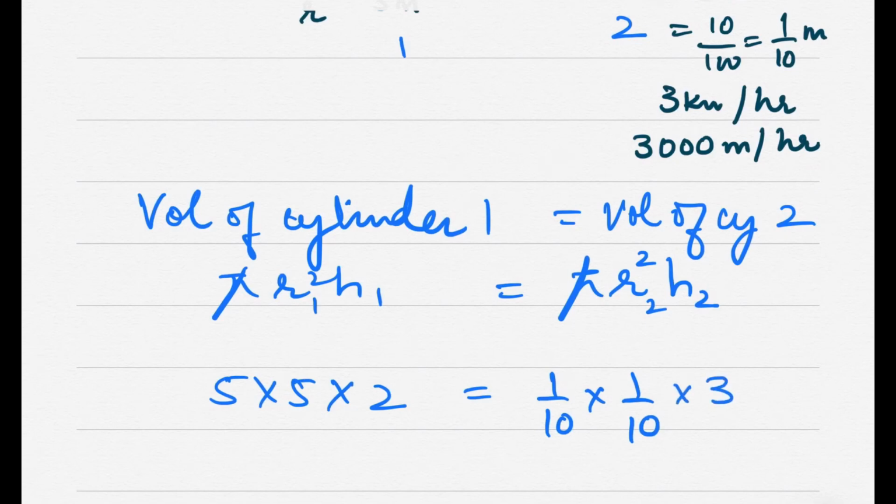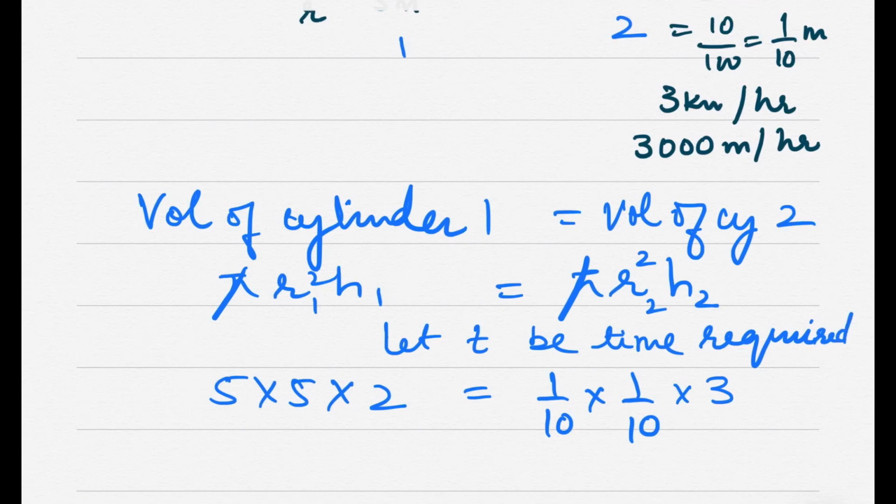So for 1 hour I can say, let t be the time required, because they have asked how much time will be required to fill the tank. So for 1 hour it will be this much, right? So into T.